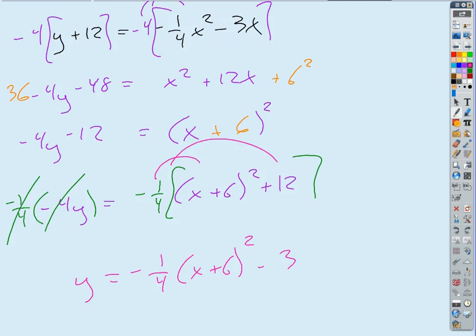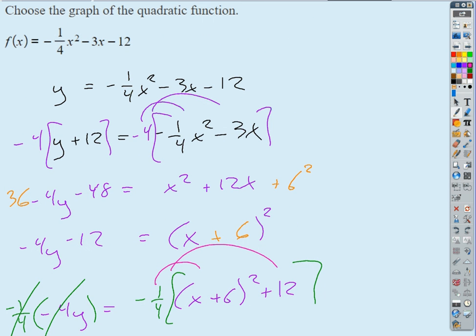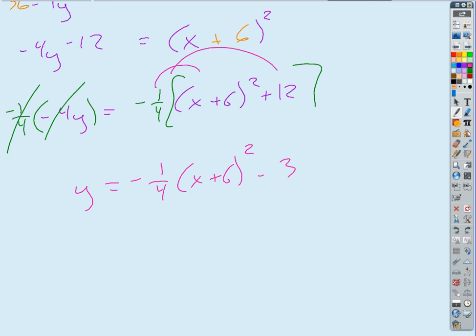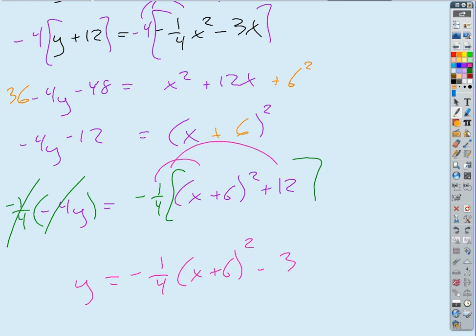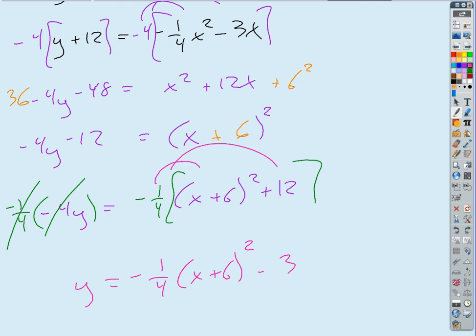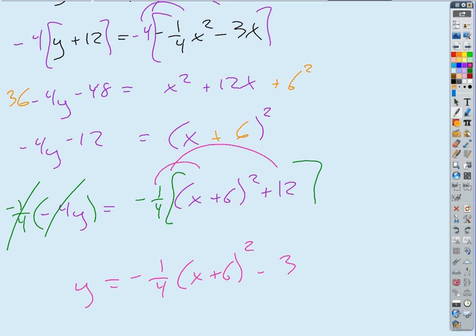Same thing we got before, somewhere. Wait, in the, sure. So when you went from x squared plus 12x plus 6 squared, you can push the 6 on one side, and then the next step, what did you do? Okay, I see what you're saying. So all I did here was I just combined those two things.